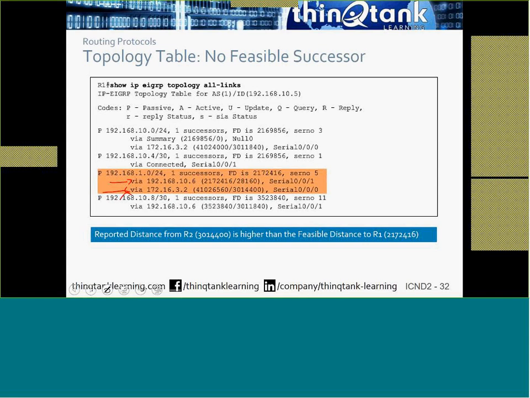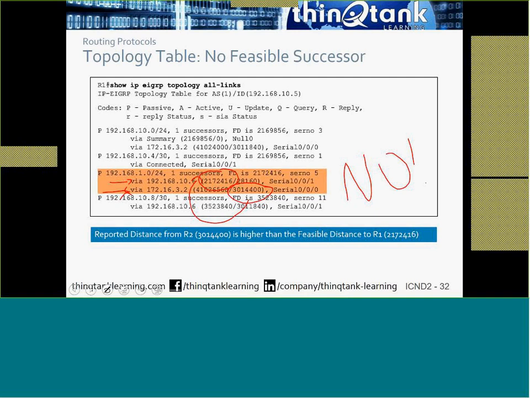All right? And the answer is no, it does not. Yes, the second number in the parentheses is the reported distance for that path. And if that number is greater than the feasible distance of my primary path, then the answer is no. That's how you can evaluate.